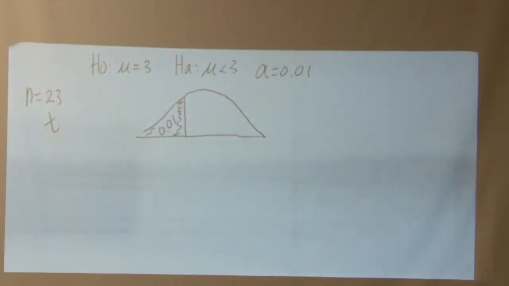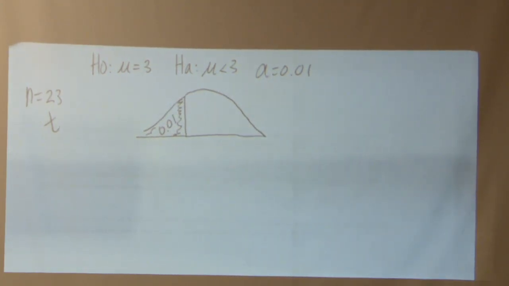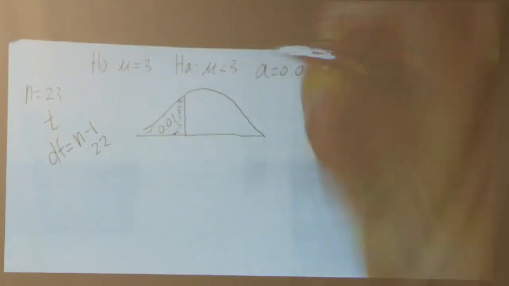When you're using the t-tables, you're always going to look at the tail, t for tail. So when you go to your t-tables, you have to go under the column of 0.01, and you have to look up your degrees of freedom. Your degrees of freedom is going to be your n value minus 1, so in this case it's going to be 22.